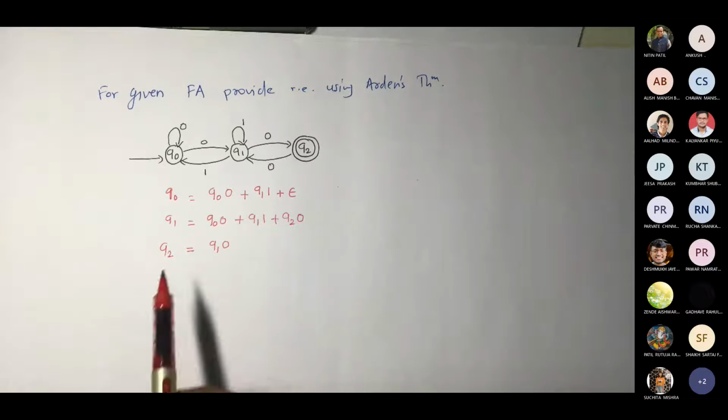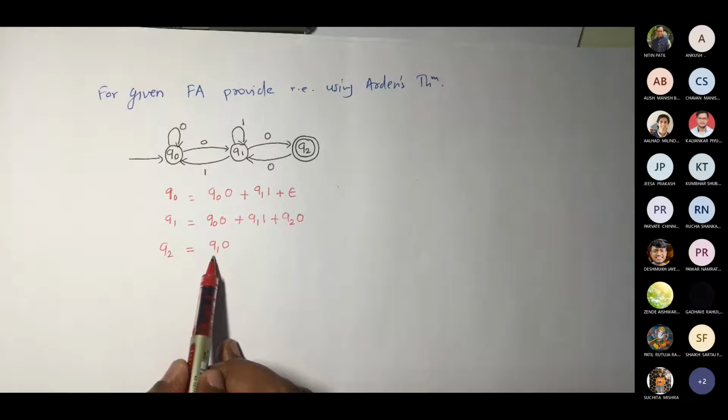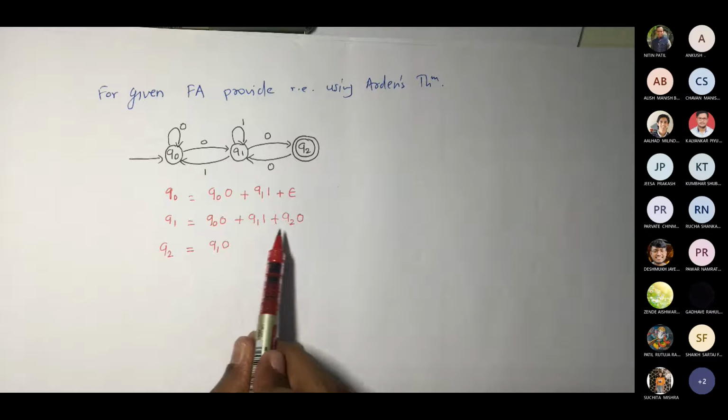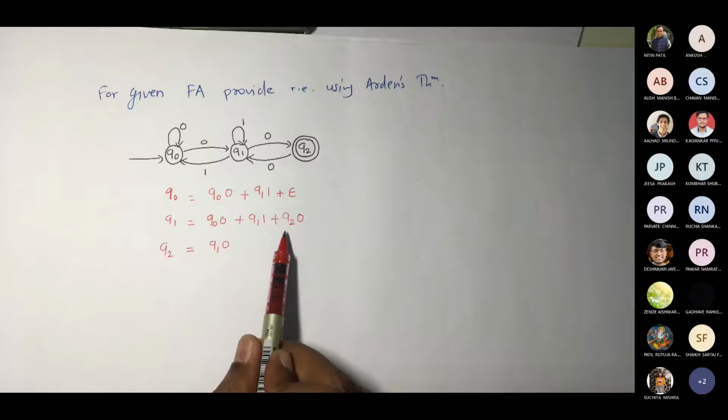If I want Q2 to be solved, this Q1 is a state name, which is not a regular expression, so I have to replace it by its value. What are the values for Q1? Q0, Q1 and Q2. Even this will require me to solve Q0, and this will require me to solve Q2.